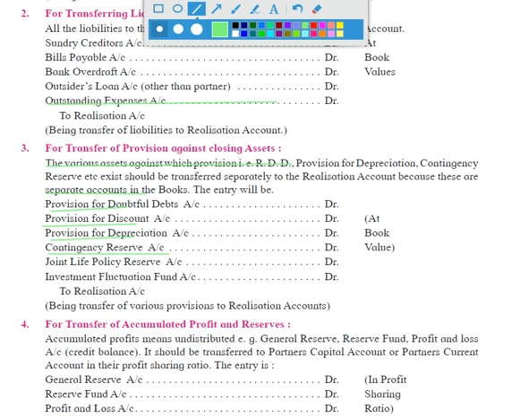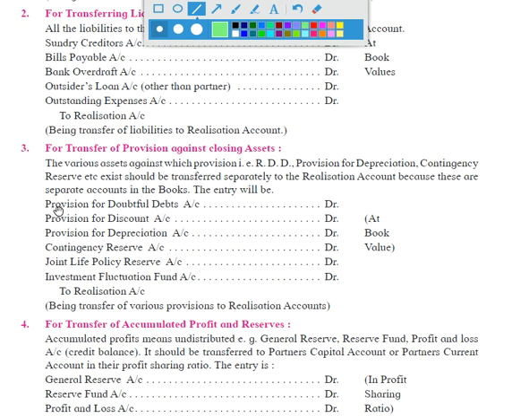And the third one is for transfer of provisions against closing assets. The various assets against which provisions exist, that is RDD (reserve for doubtful debts), provision for depreciation, contingency reserve, etc., should be transferred separately to the realization account, because these are separate accounts in the books.